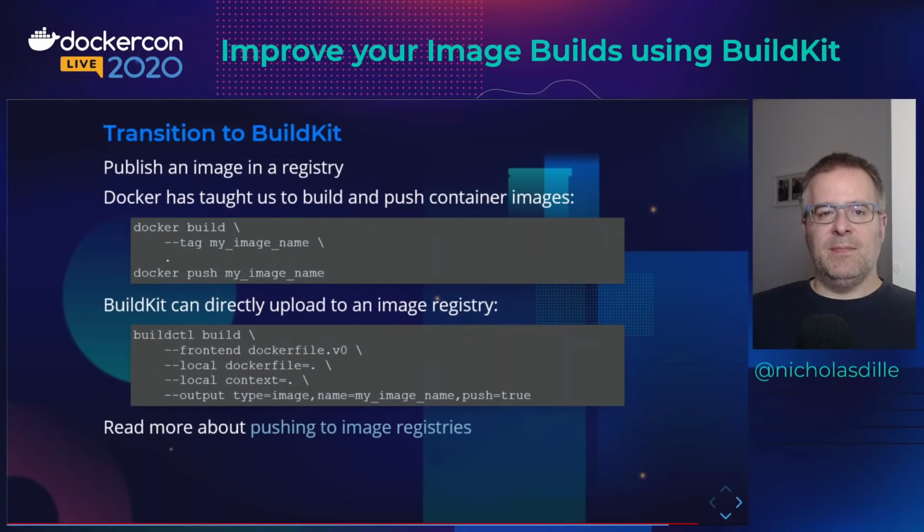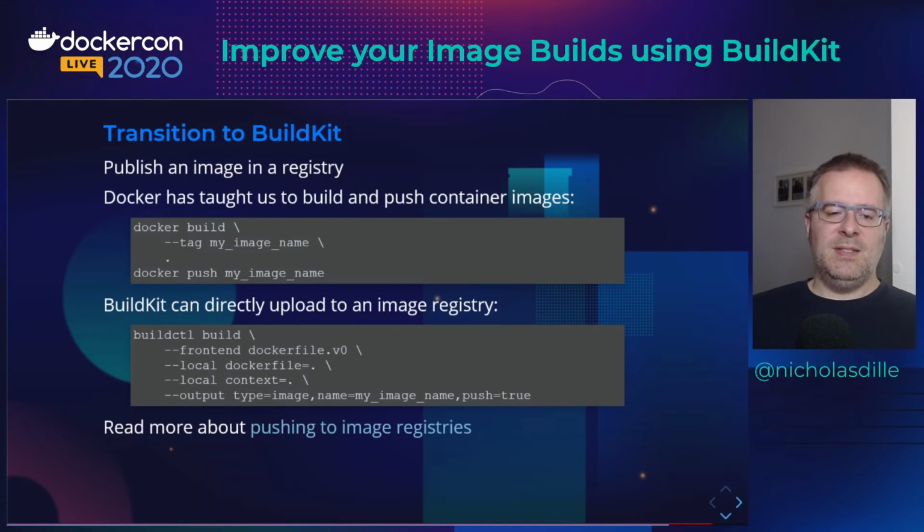But we've seen that already. If you want to push an image to the registry, like a docker push after you've done a docker build, BuildKit works a bit differently, because BuildKit can do everything at the same time. After building an image, BuildKit will give it a name and directly push it to a registry. As a result, it's a single connection from the buildctl client tool to the daemon to build and push an image.